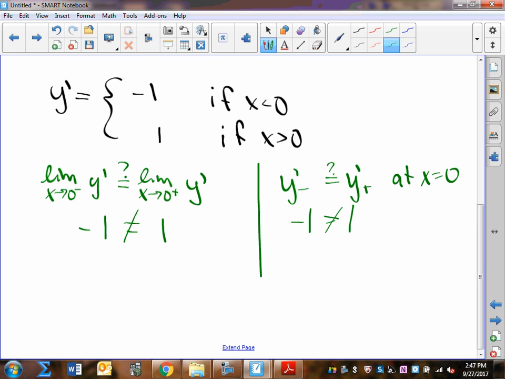Those are not equal. So this shows that my function is not differentiable at 0, which means we can't put the or equal to anywhere within there. The or equal to cannot be true.